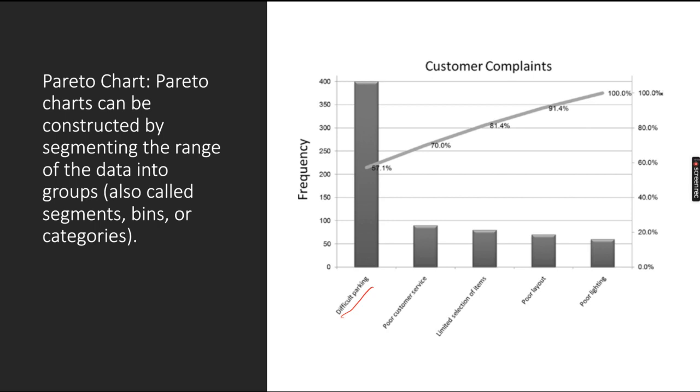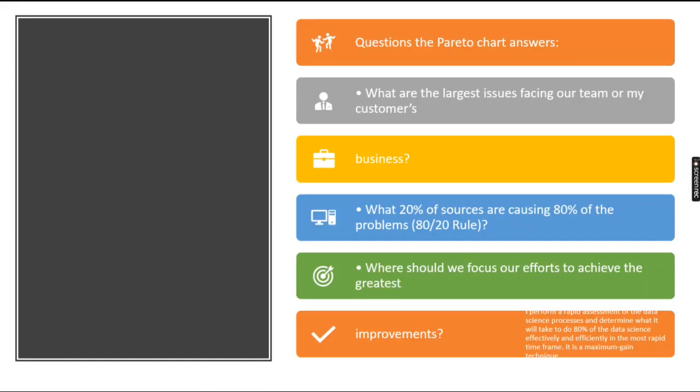If the mall customers are decreasing, we can find out the customer complaints and categorize them. Some customers might have difficulty in parking, or poor customer service, or limited selection of items, poor layout or poor lighting. Because of all this, the customer footfall is also decreasing in a mall.